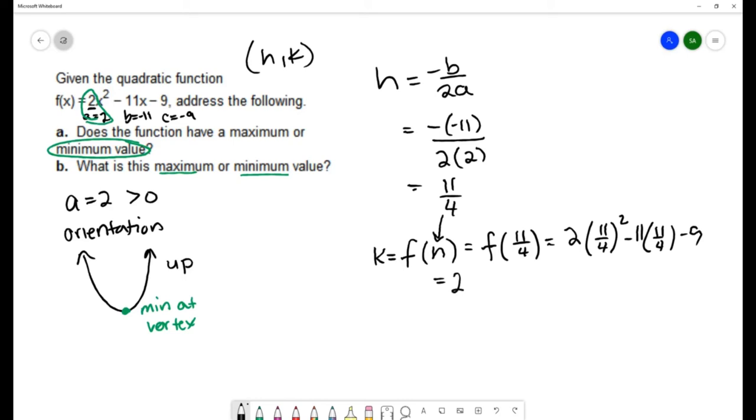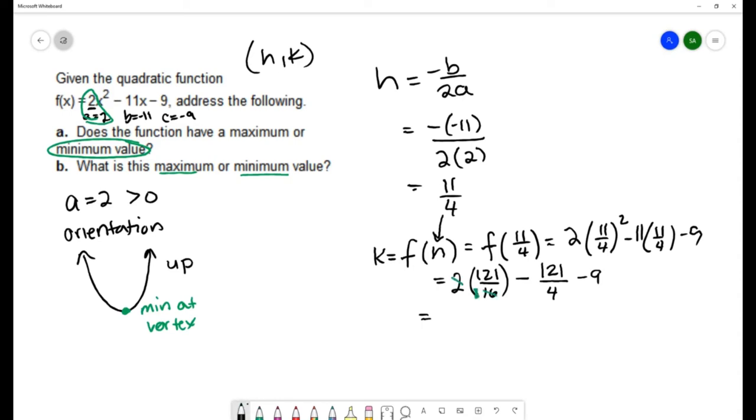So 11 over 4 squared would be 121 over 16. And 11 times 11, that's 121 over 4 minus 9. And then I can reduce this fraction a little bit because the 2 will cancel with that 16.